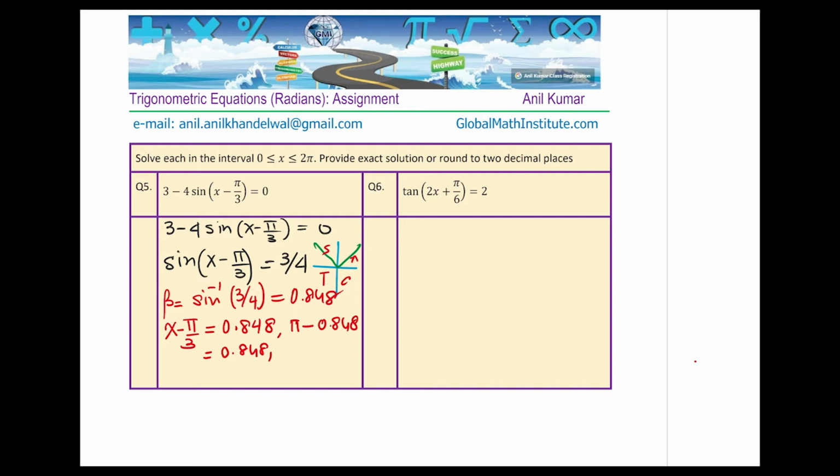That gives us 2.293. So that is x minus pi by 3.